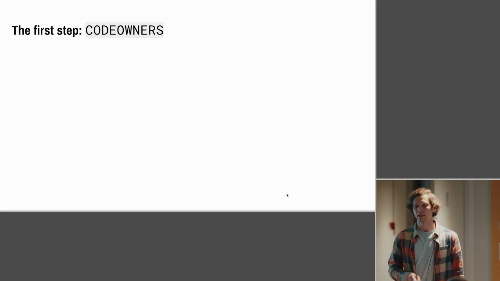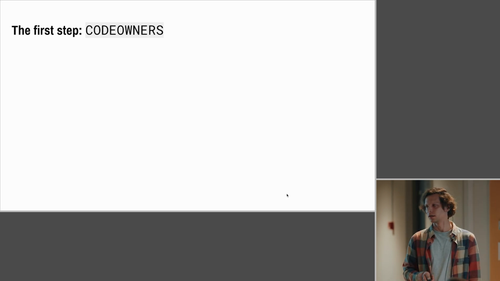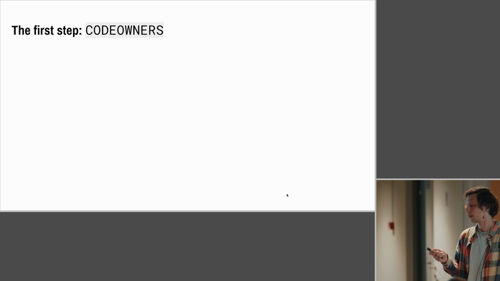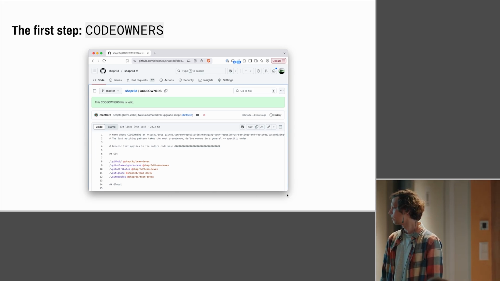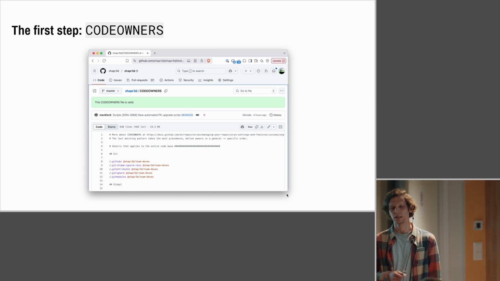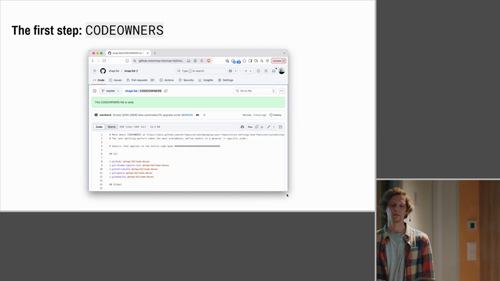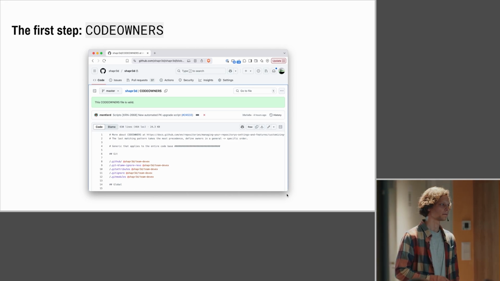Most of the well-known repository services like GitHub, GitLab, and Bitbucket have this functionality where you can have a specific special file where you can define individuals or team-level ownership for the parts of your code base.